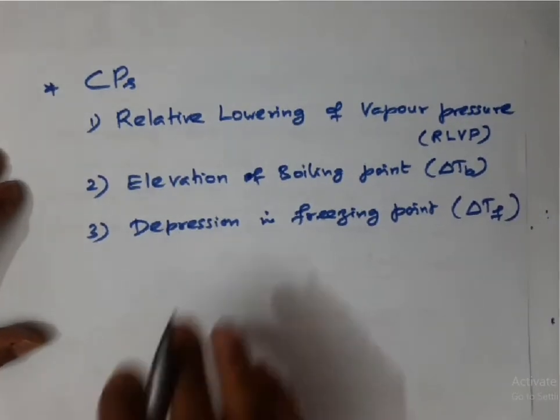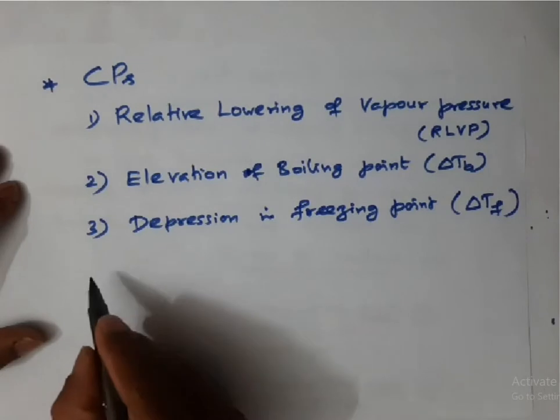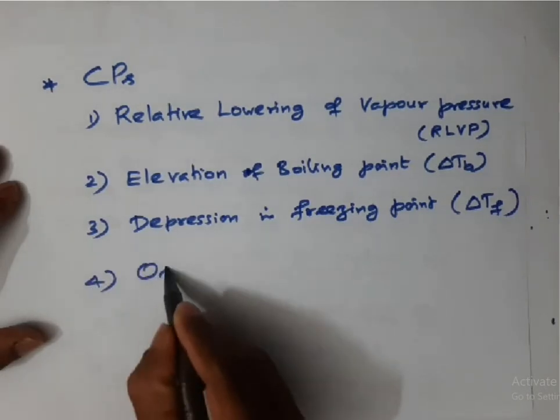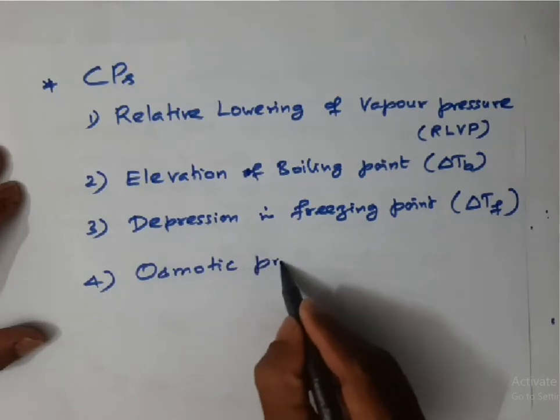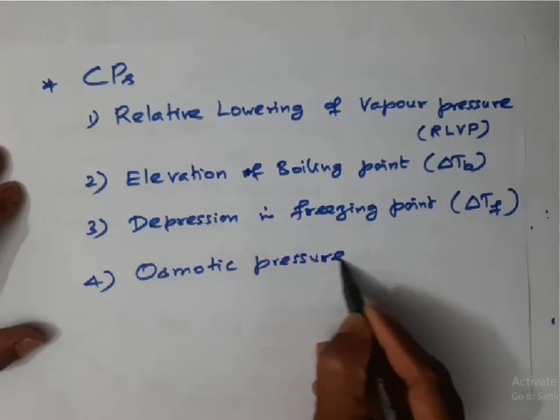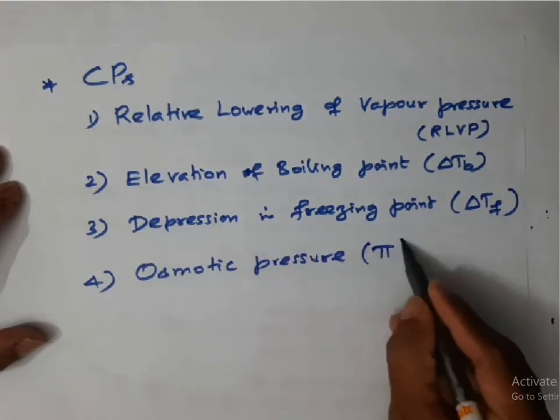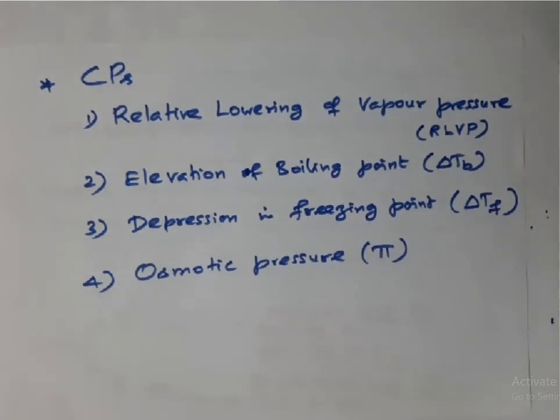Then the fourth one, osmotic pressure, which is denoted by the symbol pi. These are the 4 colligative properties we are going to discuss: relative lowering of vapor pressure, elevation of boiling point, depression in freezing point, and osmotic pressure.